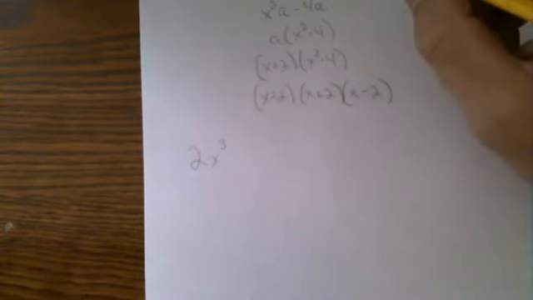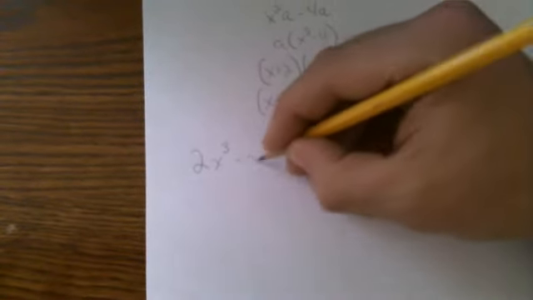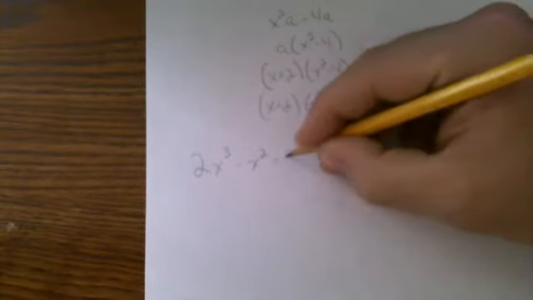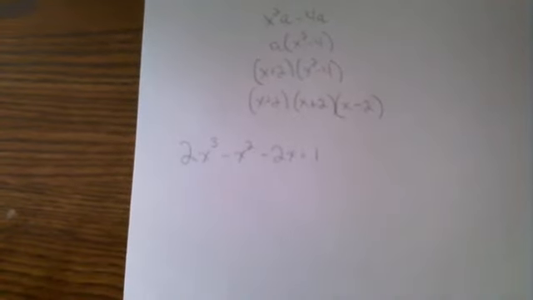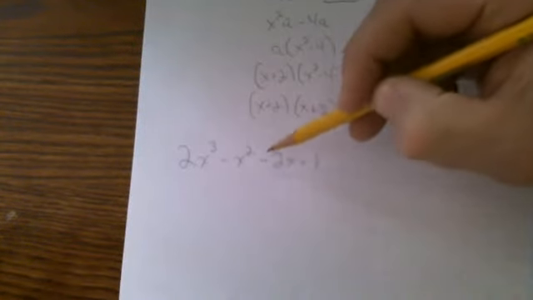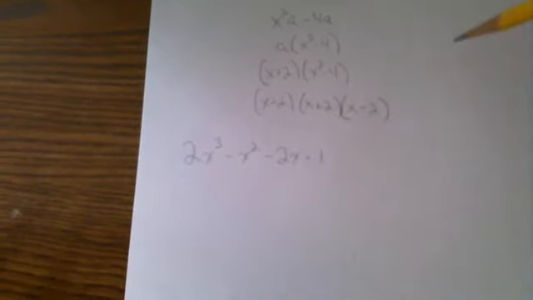Here's another example. Let's say we had 2x to the third minus x squared minus 2x plus 1. Now let's just note the signs. Positive, negative, negative, positive.